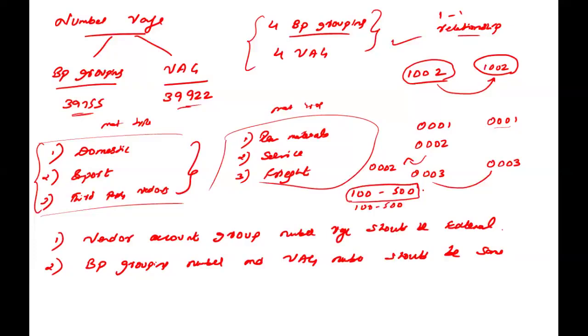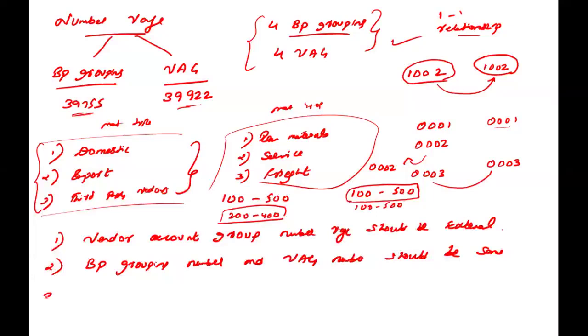There is no condition that you should always have 100 to 500. For example, if you're creating 100 to 500, in vendor account group, you can also have 200 to 400. But the number you're selecting for vendor account group should be in between the BP grouping number range. That is the second condition.